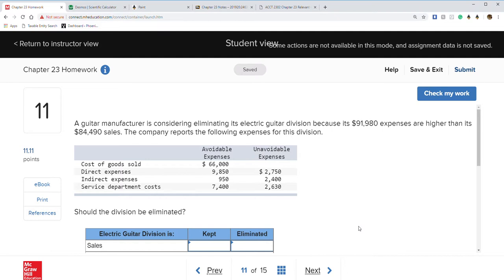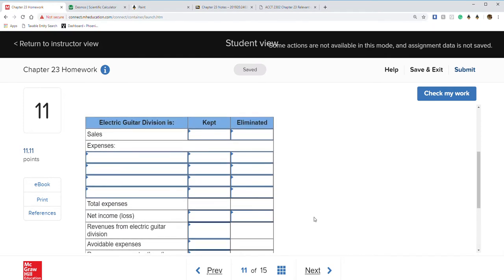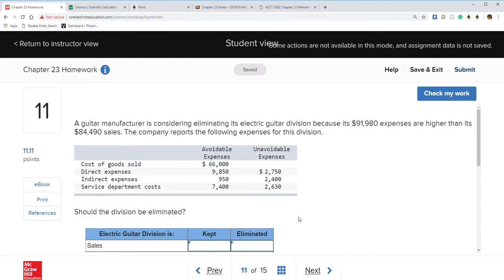So this is a guitar manufacturer, and they're considering eliminating its electric guitar division because of its 91,980 expenses, and it's higher than it sells. So what they want us to check is basically, how do we put this together? Well, first off, sales 84,490.